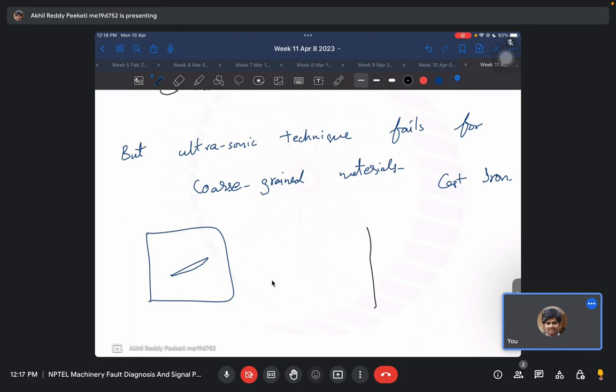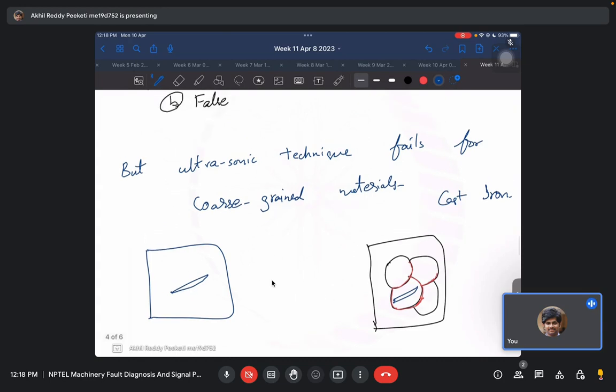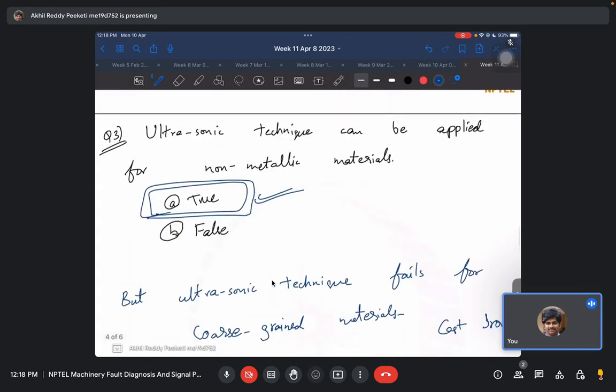But if you have a coarse grained system with many edges like this, all of this will create so much disturbance in the signal that you won't be able to identify a single crack. That is why ultrasonic technique fails in coarse grained materials, but you can use it for non-metallic materials.